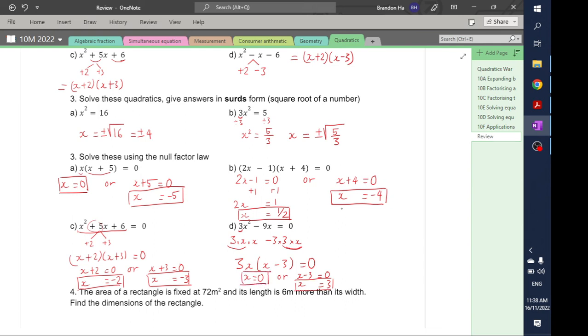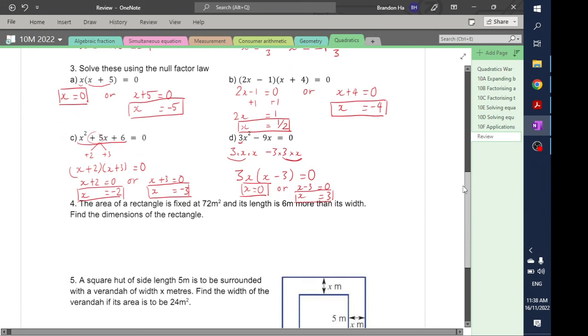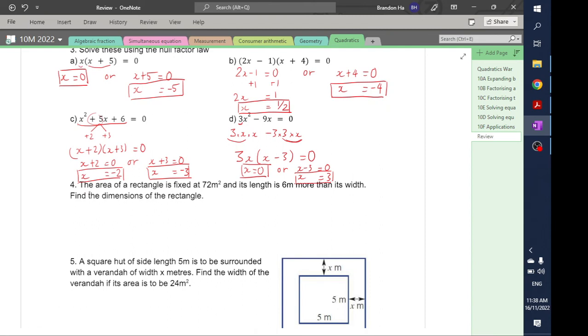Unclear? Okay, let's take a look at some of the word problems here. Rectangles. Okay, let's just draw a rectangle. So the rectangle is 72 meters squared, and we have length is 6 meters more than width.